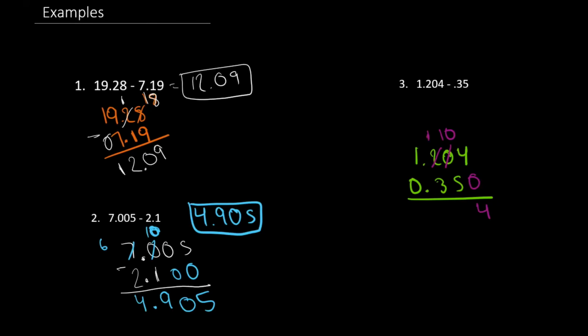And this would be 10. 10 minus 5 would be 5. 1 minus 3, well, we can't do 1 minus 3, so we have to borrow again. 11 minus 3 would be 8, and then this would get crossed out and turn into 0. 0 minus 0 is 0, and then you place the decimal point. So our answer for the third question is 0.854. I'm going to write it down.